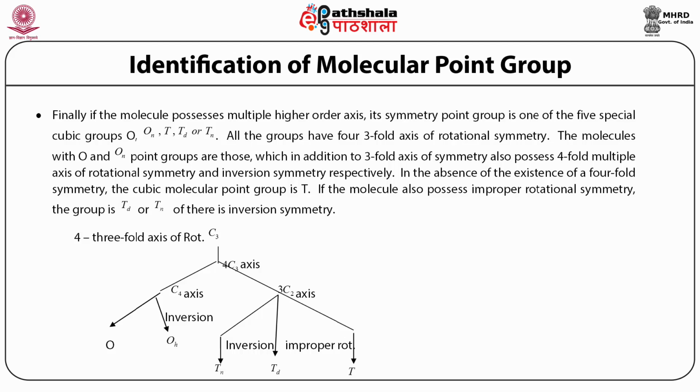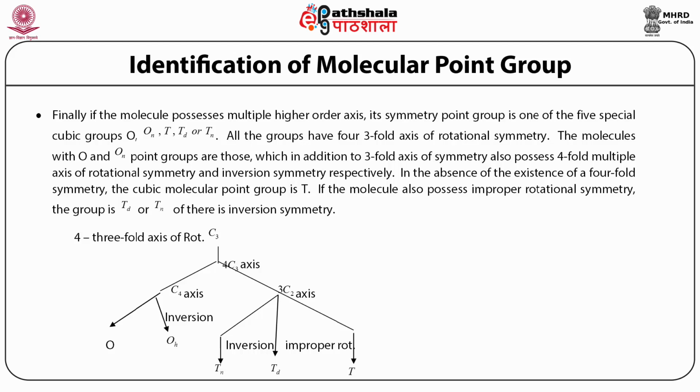In the absence of fourfold symmetry, the cubic molecular point group is the group T. So if there is a fourfold symmetry, then the group could be either O or Oh. If there is no fourfold symmetry, then it belongs to the tetrahedral groups, which could be T, Td or Th.